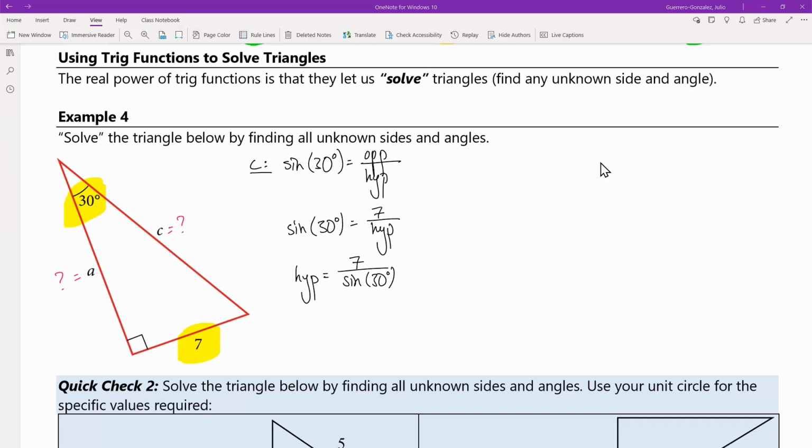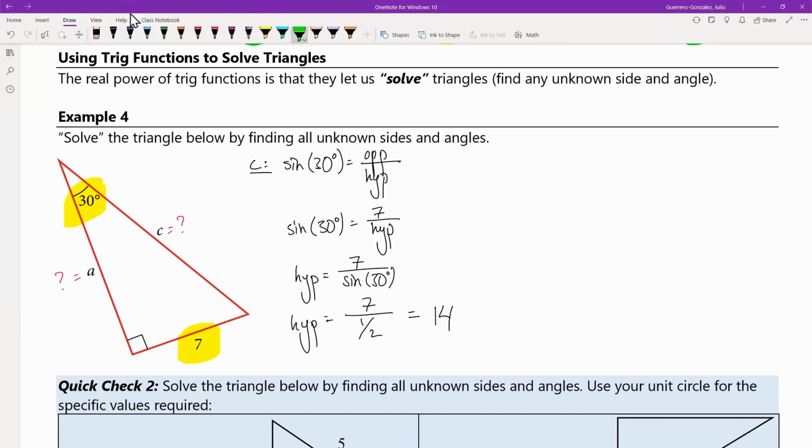We know sine of 30 degrees from the unit circle, so hopefully you have that out, is going to be 1/2. If you compute this out, 14. We are done, at least with C. So we know that this is equal to 14.